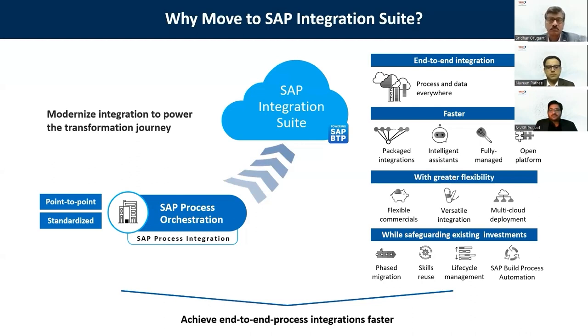There is safeguarding of existing investment through a phased migration from PO to Integration Suite, reusing existing development skills. Lifecycle management and build process automation are the advanced enablements of Integration Suite, which give customers faster end-to-end integration.